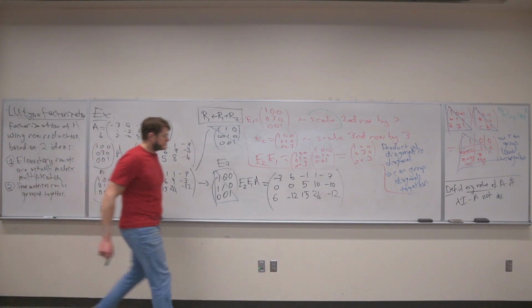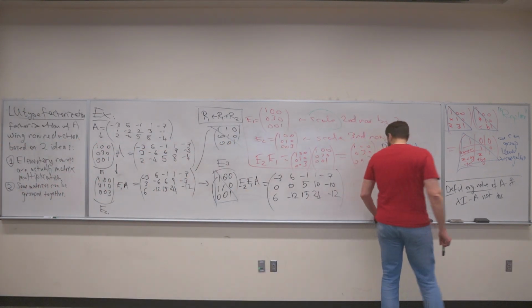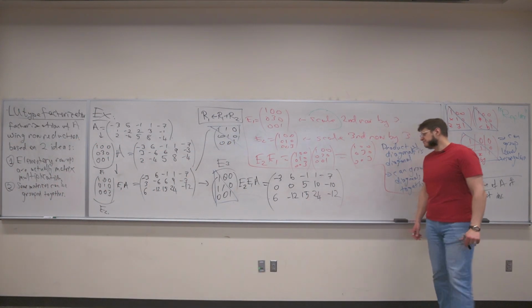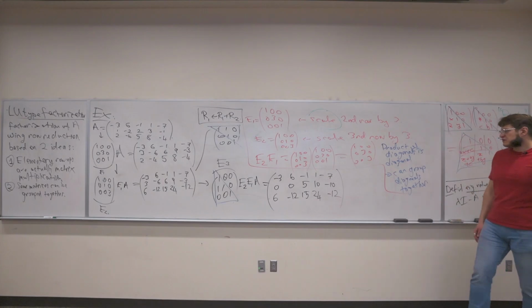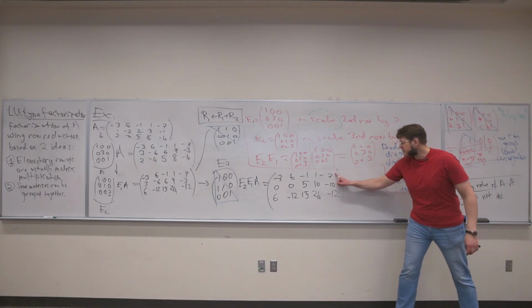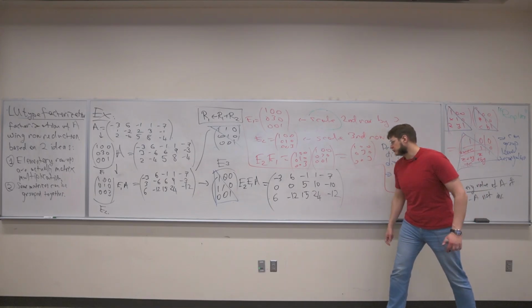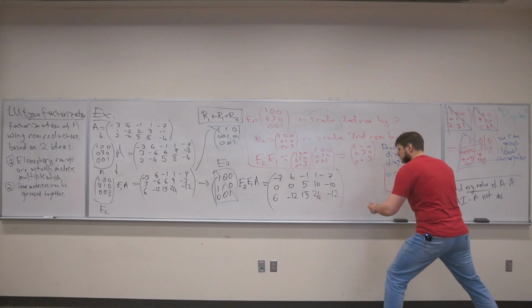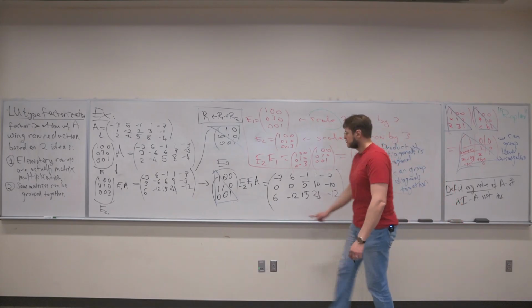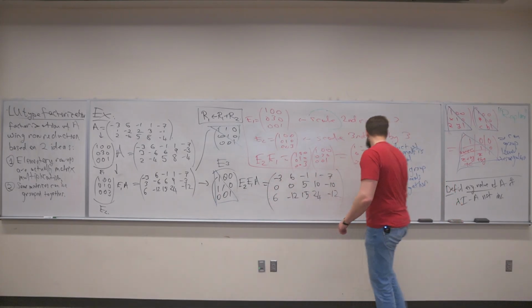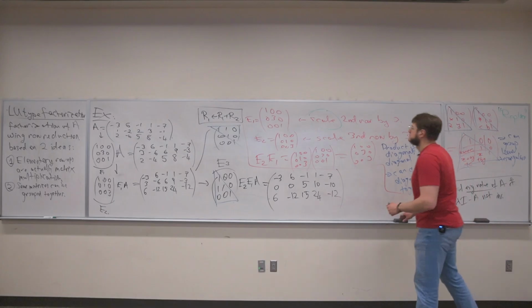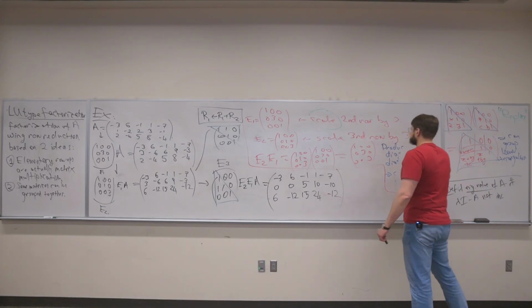I'm not going to finish this row reduction, but I'll just do this. Say I want to take the first row to the second one. Say I'm trying to interchange the first two rows. So I would need to take this matrix.